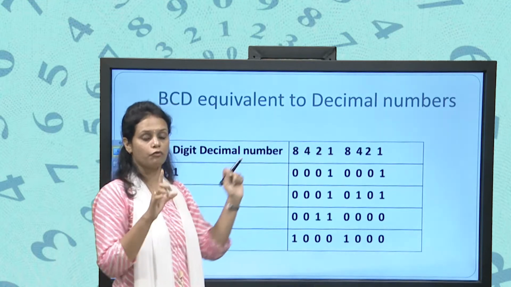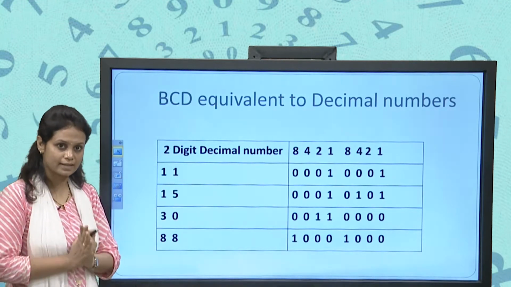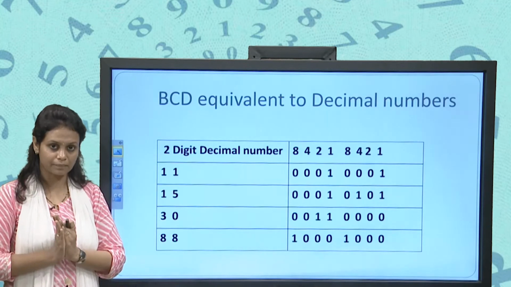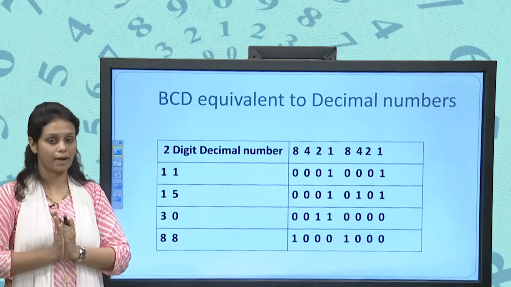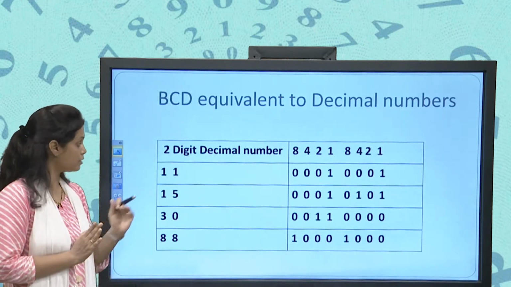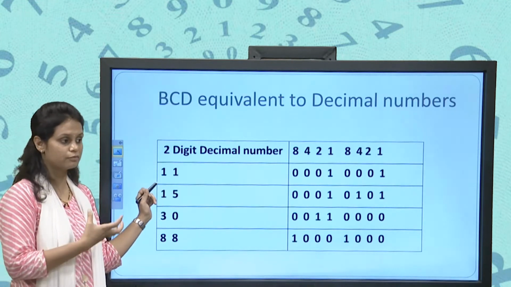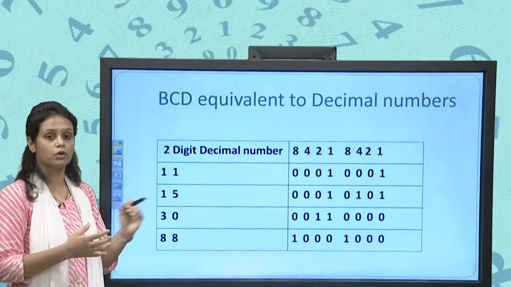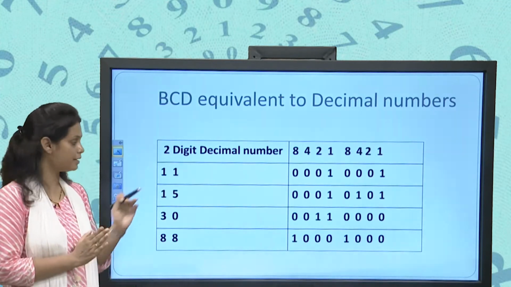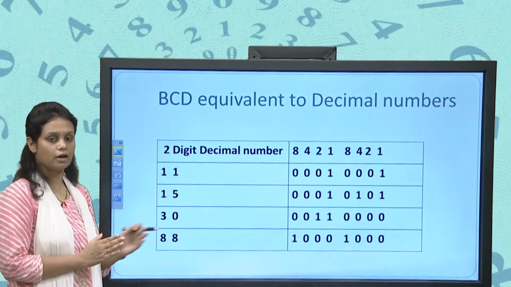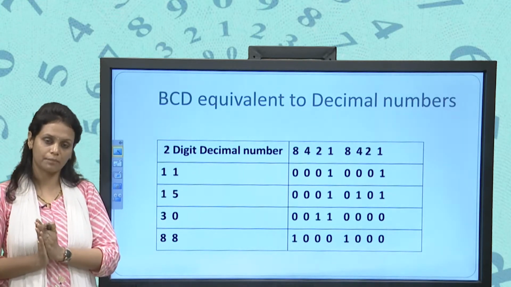So 1 1 1 1 is the binary answer. We have converted decimal number 15 to the binary number 1 1 1 1.